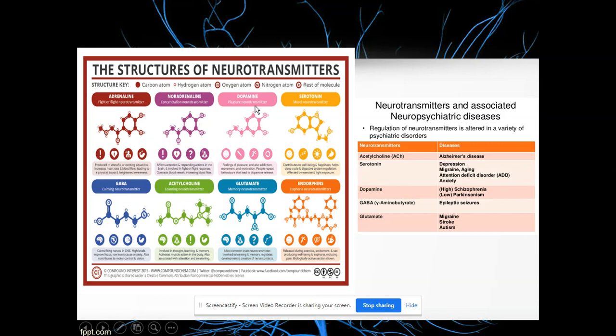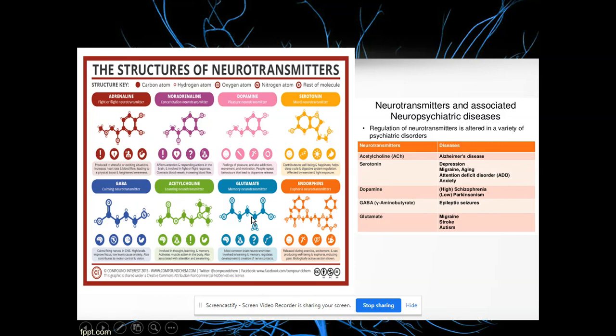Dopamine is our reward neurotransmitter. This is what gets us addicted to stuff. It's not good to mess around with your dopamine levels. Serotonin is also a feeling of well-being, but it's a calmer kind of content happiness. GABA calms us down. Acetylcholine helps us with learning. It also helps us with muscle contraction.